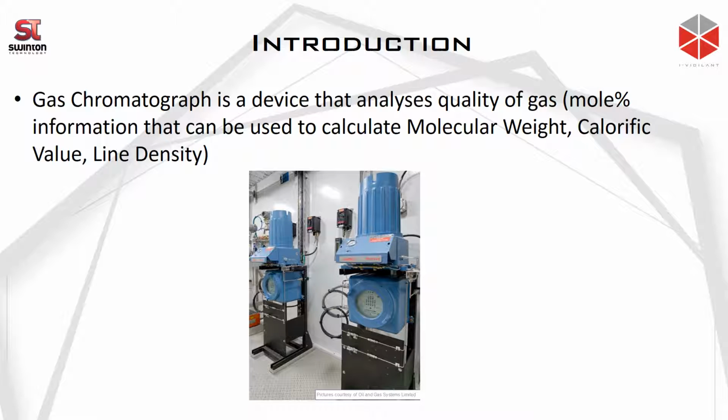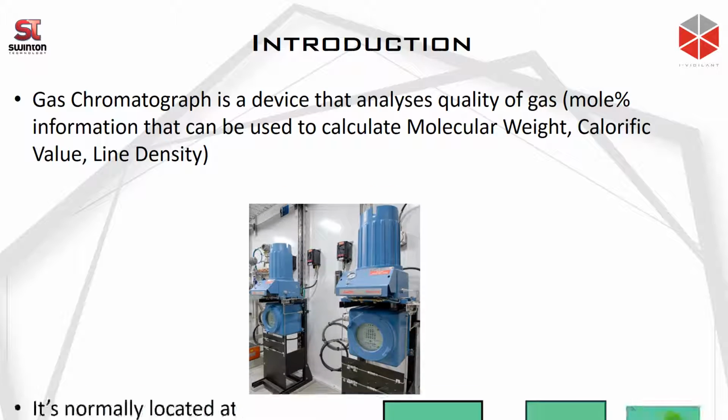A gas chromatograph is a device that analyzes the quality of gas. It comes out with the result of mole percent information. This mole percent information can be used to calculate all the quality parameters of the gas, such as molecular weight, calorific value, density, compressibility, etc.